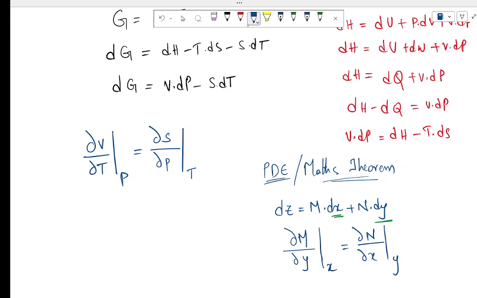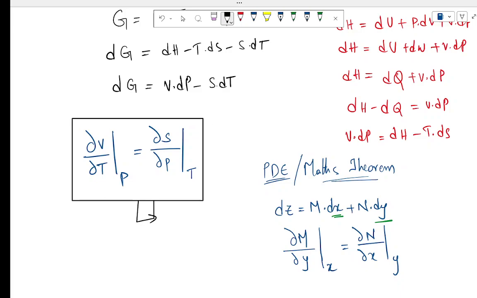Okay, so dou V by dou T at constant P is equal to dou S by dou P at constant temperature. So that will be my M4. This is nothing but my Maxwell relation 4.